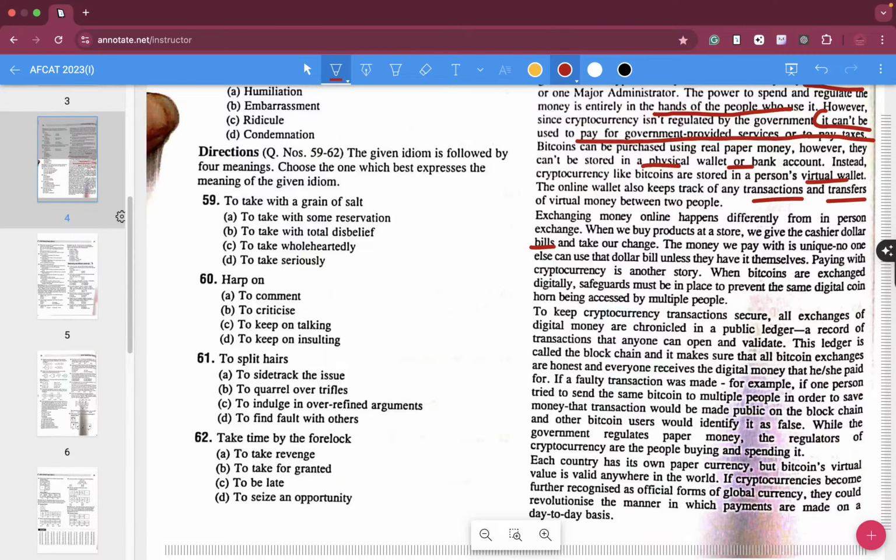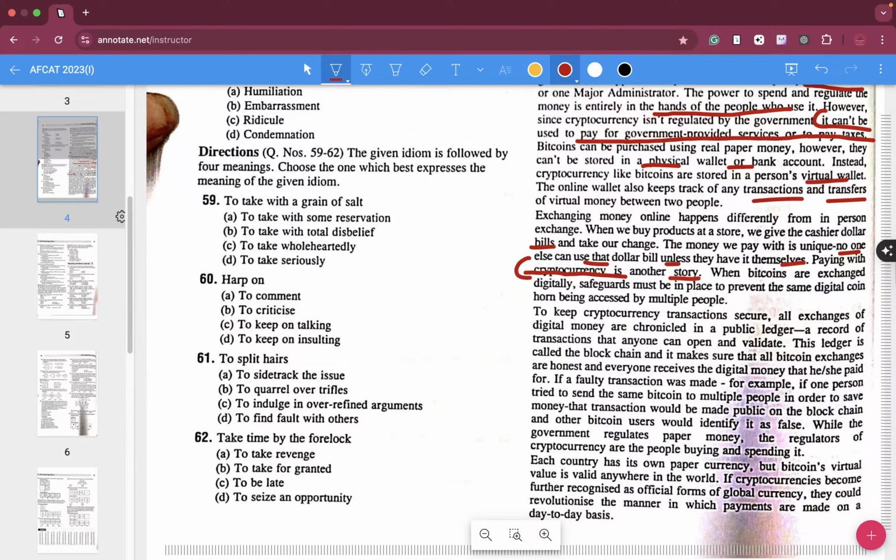The money we pay with is unique. No one else can use that dollar bill unless they have it themselves. Paying with cryptocurrency is another story.